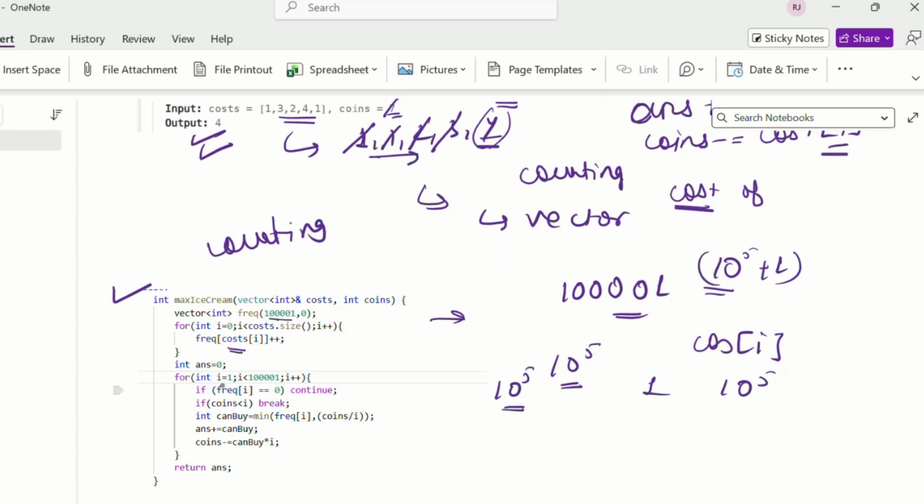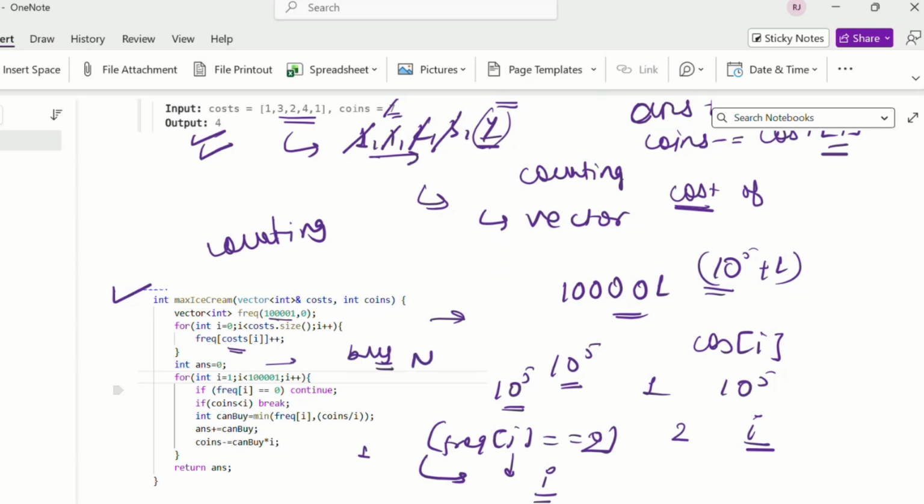I'm using this loop from 1 till 10 to the power 5 because it will show me if my frequency of I equals 0, that means I don't have any ice cream bar of cost I. And if my frequency of I equals 2, that means I have 2 ice cream bars of cost I. So I will start from 1 till 10 to the power 5, because we need to buy the ice cream bar of minimum cost first. That's why I'm starting from 1.